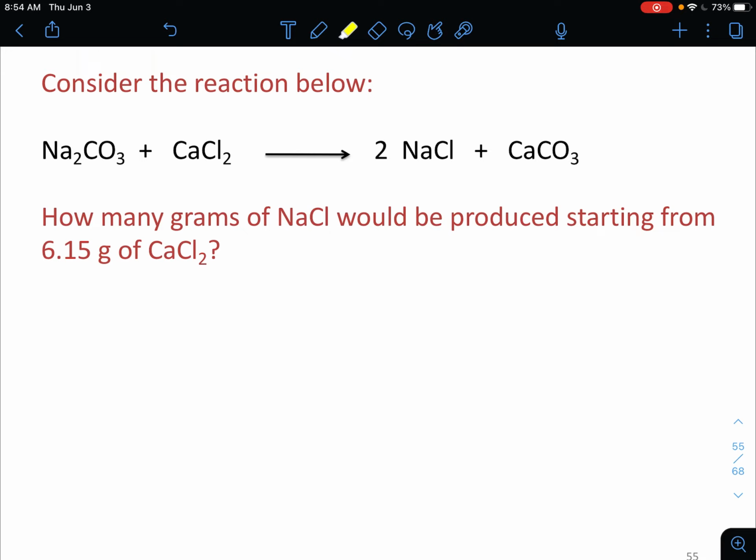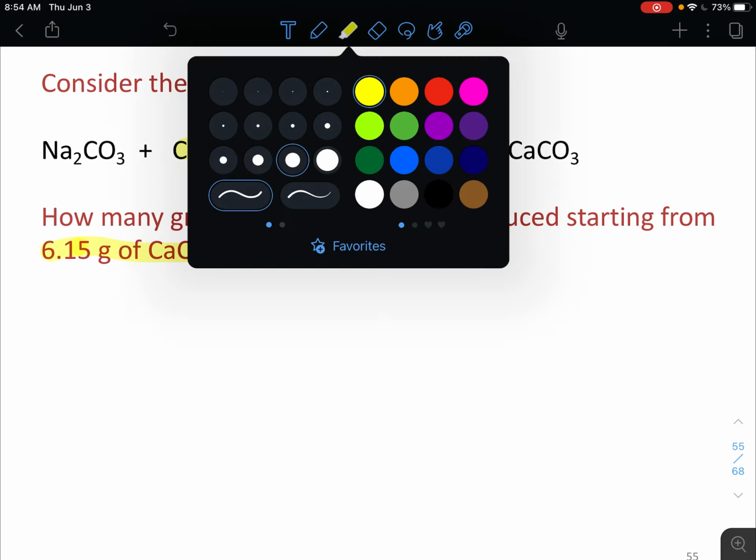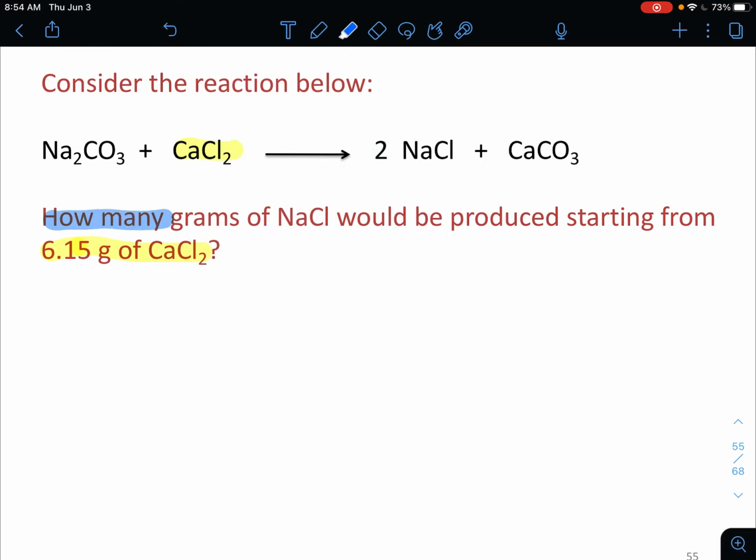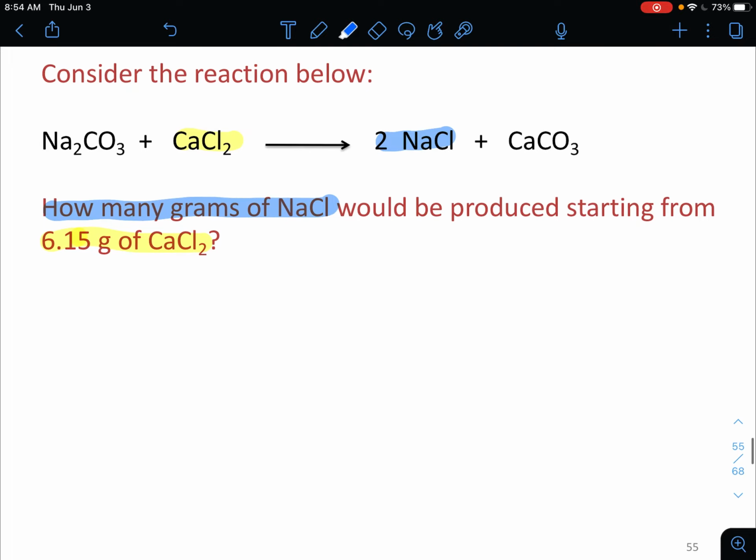Okay, so same reaction, slightly different question. Now it's saying from 6.15 grams of calcium chloride, how many grams of sodium chloride am I going to make? So I kind of need to collect my information here. So let me get my calcium chloride molar mass real quick.